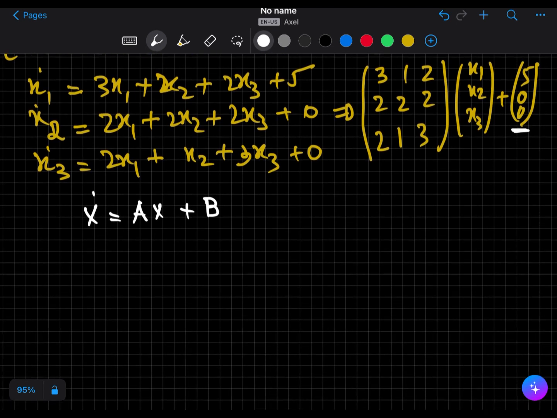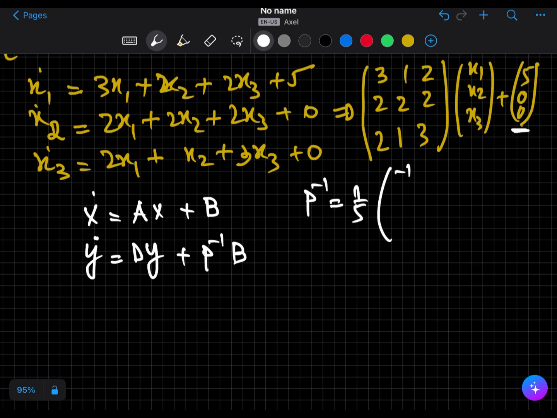So we will have, when we want to find the value, that y prime equals Dy plus P inverse times b. We already know the inverse of P. It is given: 1 over 5 times the matrix minus 1, minus 2, 2; 2, minus 1, 1; minus 1, 3, 2.